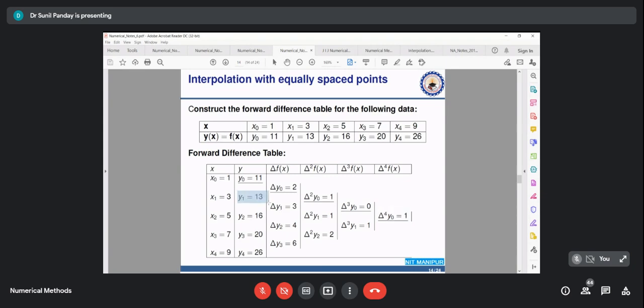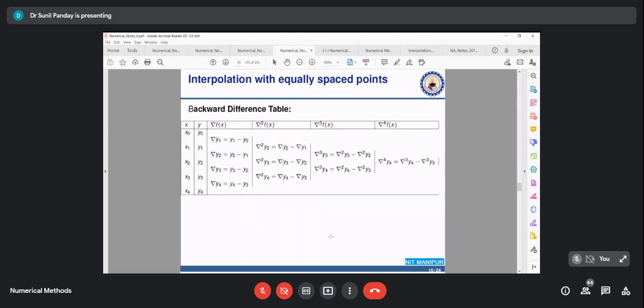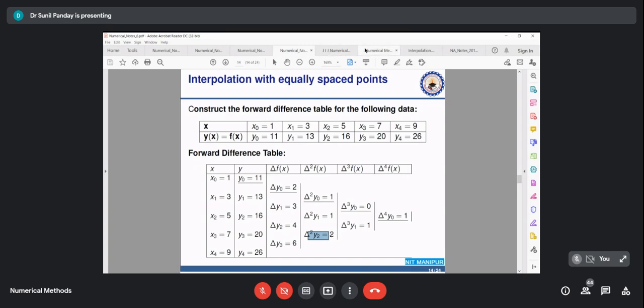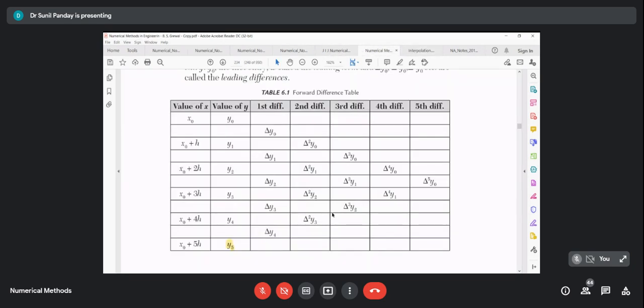And if this is y1, the value below is the first forward difference of y1, then the second forward difference of y1, then the third forward difference of y1, because we are not able to calculate the fifth forward difference of y0. Here y2, so like this we represent the data. Okay. Now we go back to this.